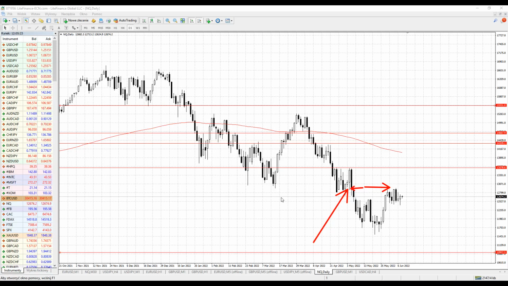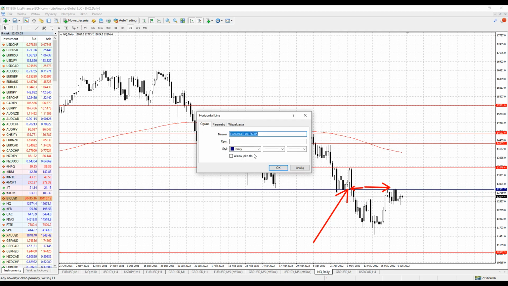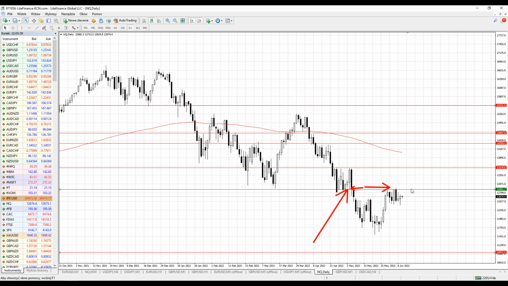So it depends on your trading approach, right? What I'm going to look for, as it's a daily, is any kind of negative price action within that zone, right?